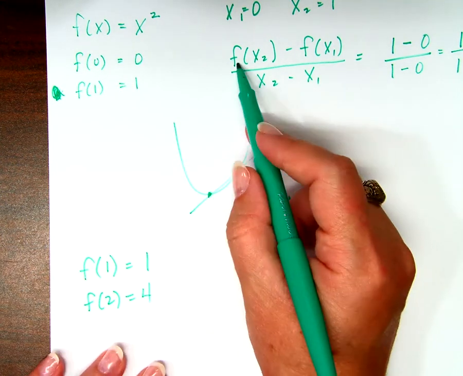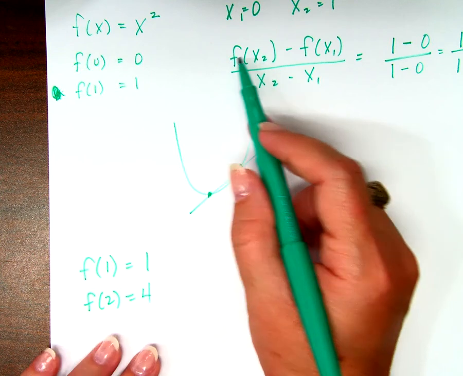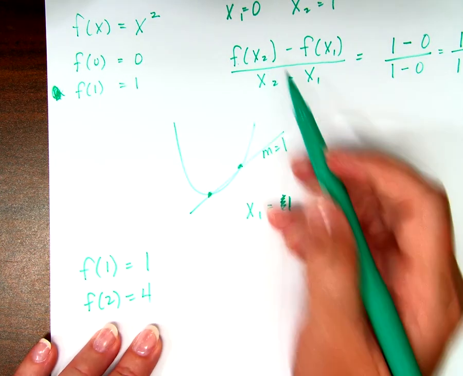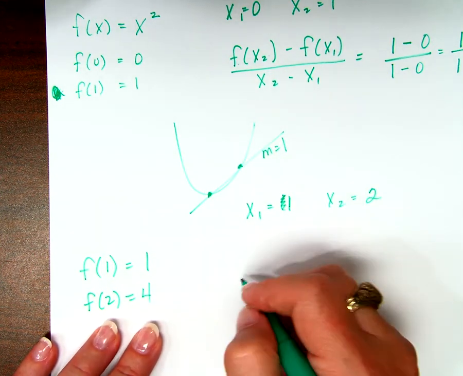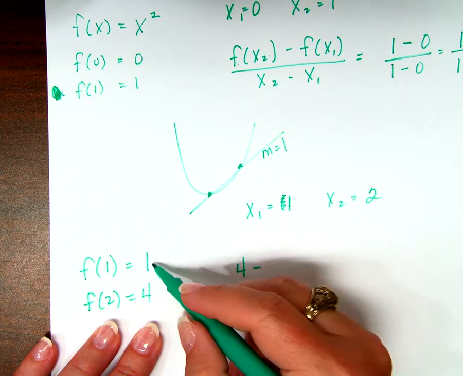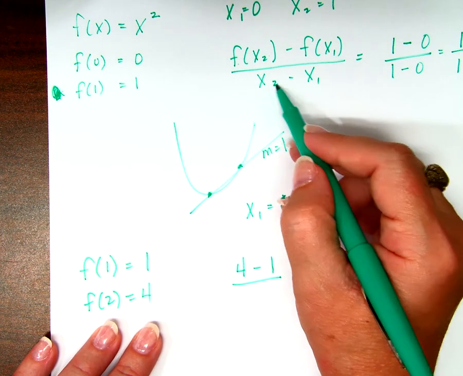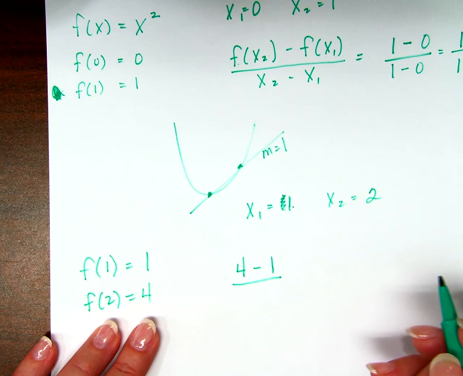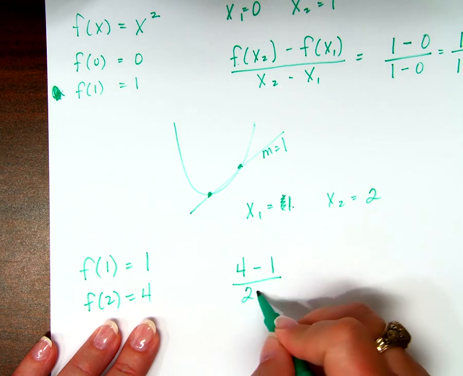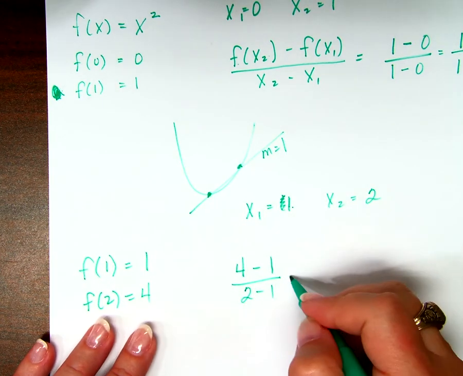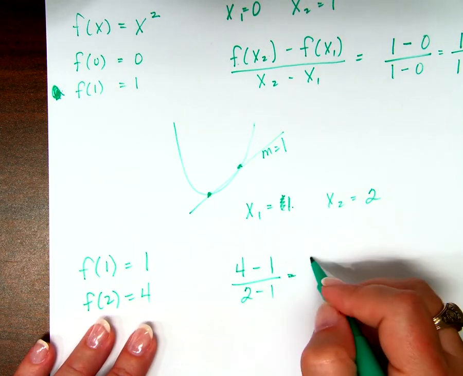So we say the value of the function at the second point, which would be this one, so 4, minus the value of the function at the first point would be 1, divided by what? 2 minus 1. What is 4 minus 1? 3.